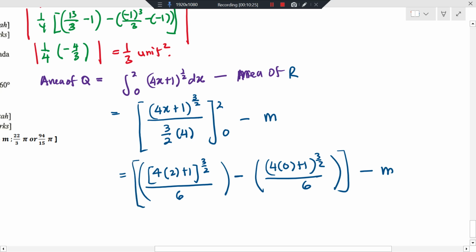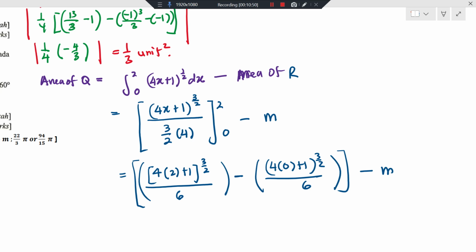So don't worry, use your calculator. And what do you get? 4x plus 1, power 3 over 2, over 6.